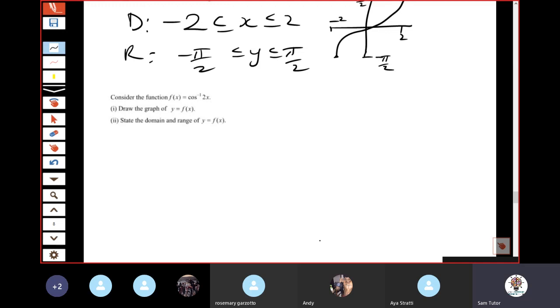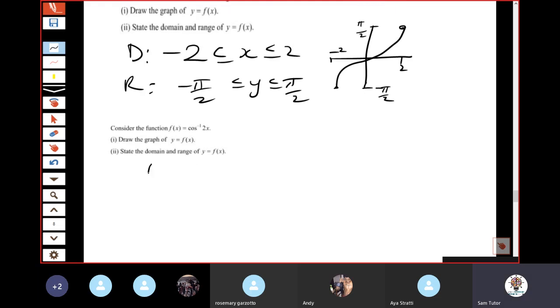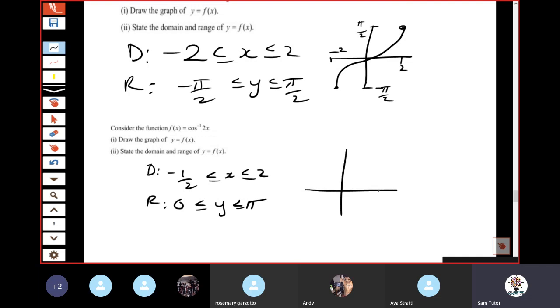Okay. Inverse cos 2x. This one's going to be what, same domain? So it should just be domain -1/2 to 1/2. Your range is going to be from 0 to pi. Yeah, okay, all good.